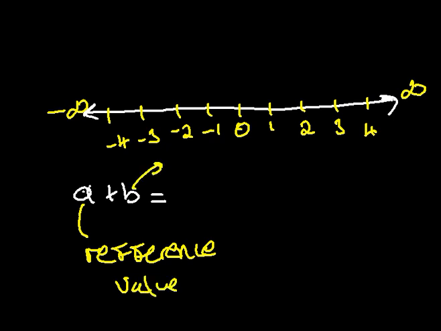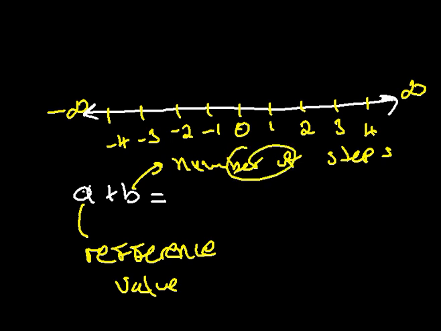And b is the number of steps. Now in this case, b shows the number of steps we are to move from the reference number.